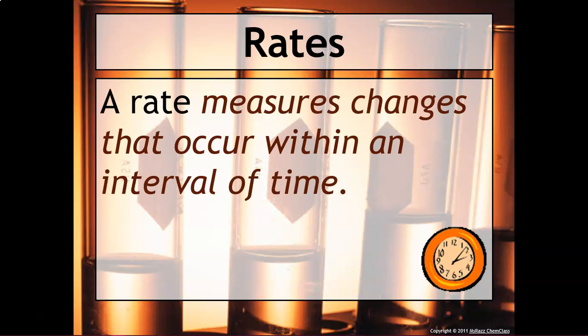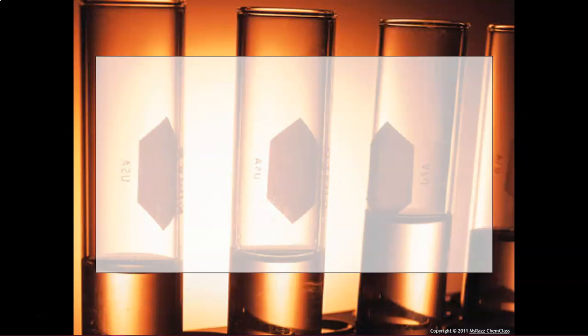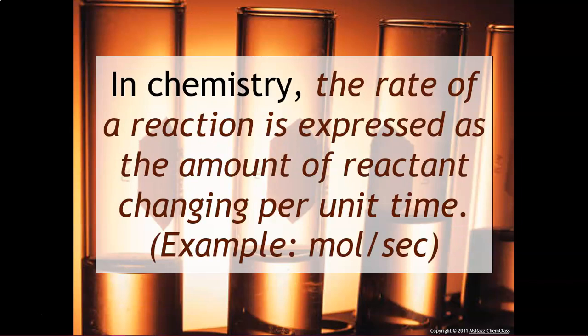A rate measures changes that occur within an interval of time, and we'll focus on the rate of a reaction being expressed in terms of moles per second, for example. You could also have molarity per second, for example, if you have a reaction that's occurring in solution. But for our purposes, we're focusing primarily on the disappearance of reactants when we're looking at rate of a reaction.